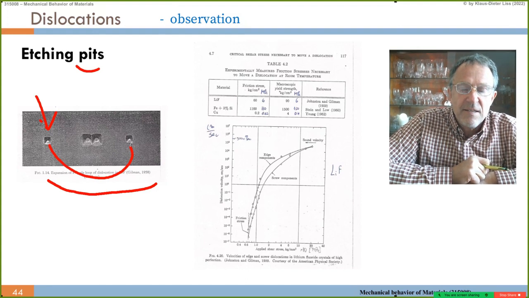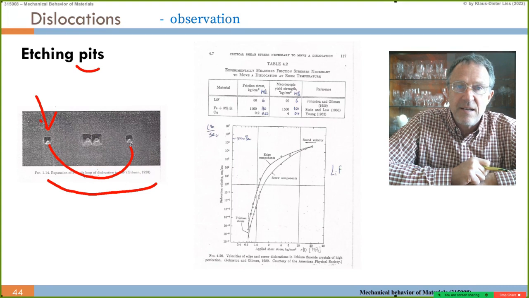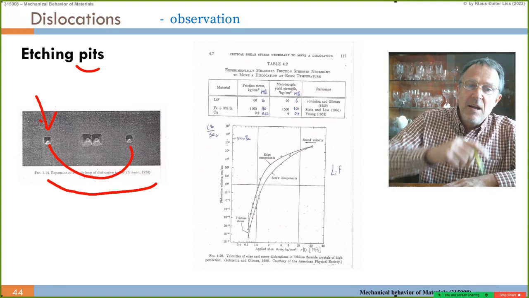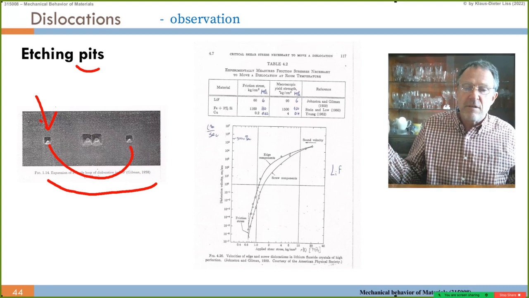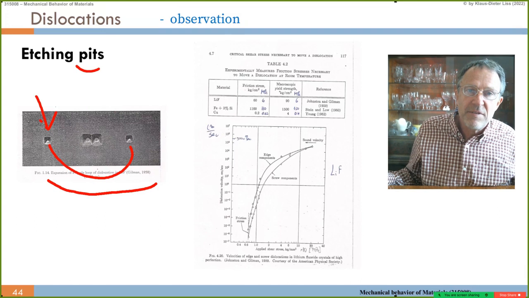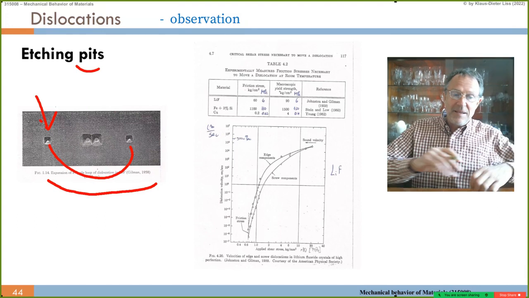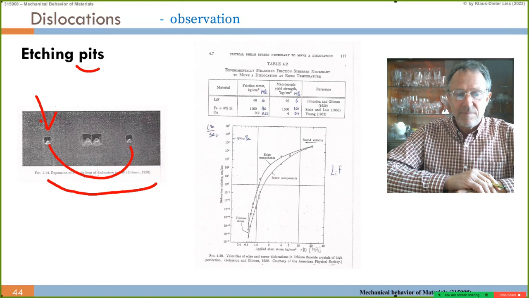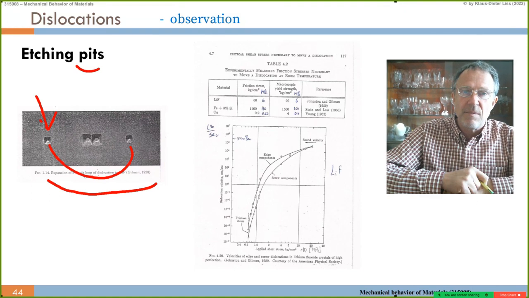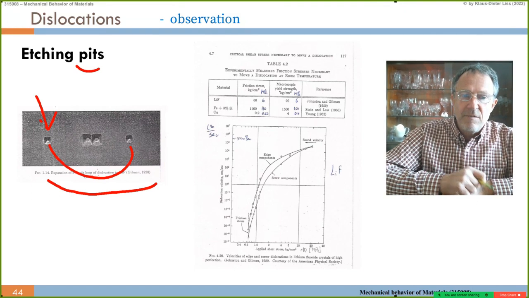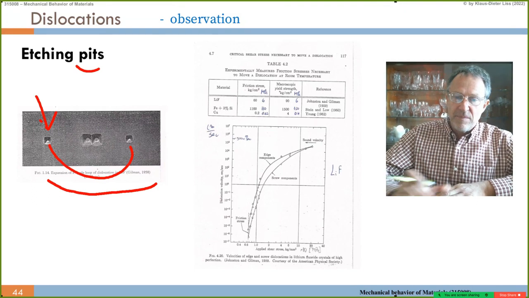So a loop can end at the surface. A dislocation can either loop around or it hits the surface or interface of something else, yeah, dislocation, grain boundary or precipitate. But it cannot end like this in the volume. It doesn't go from the topological point of view.